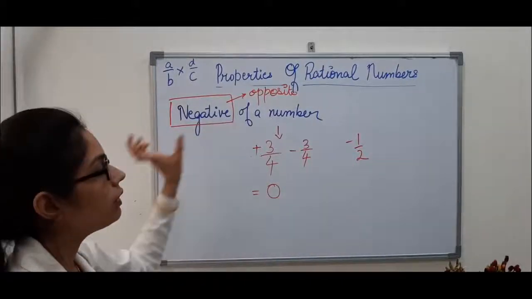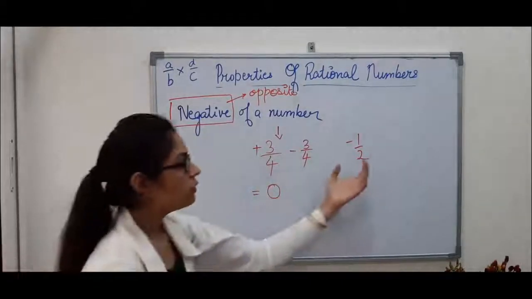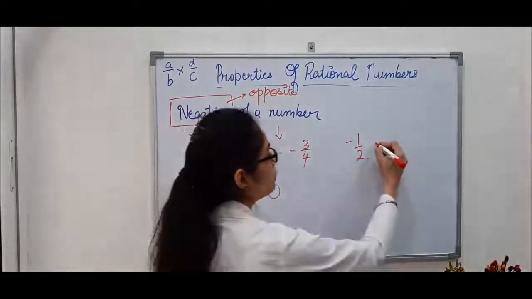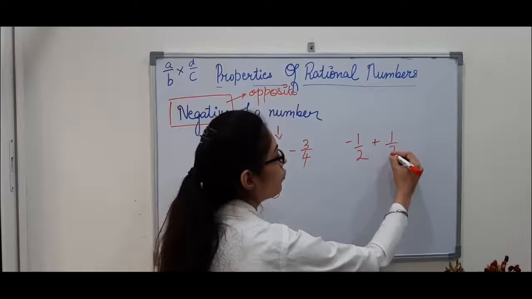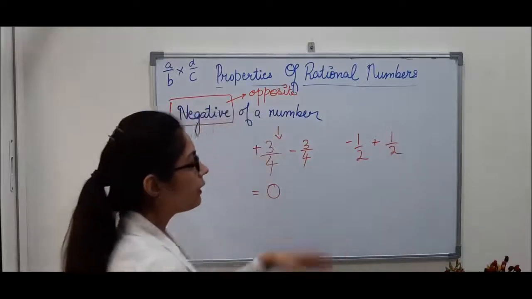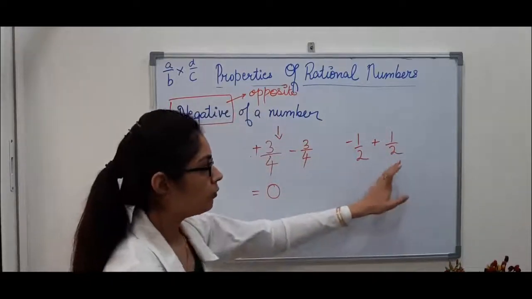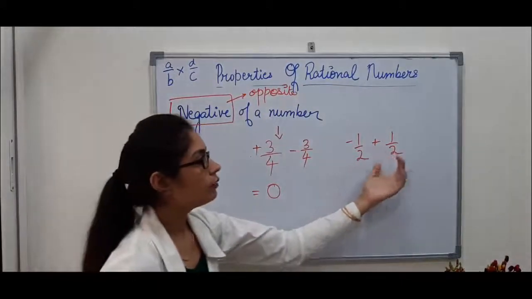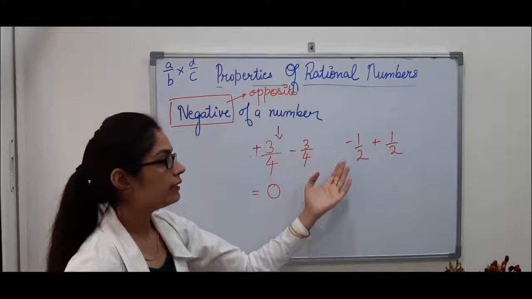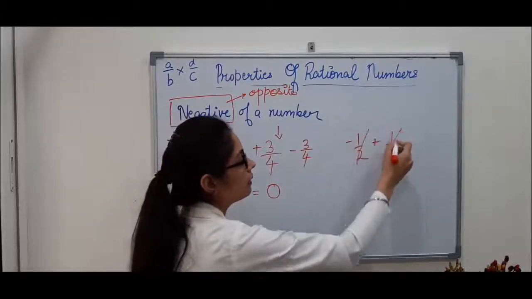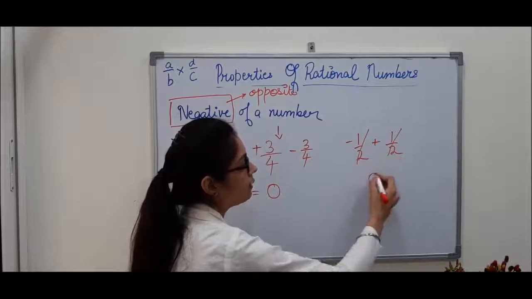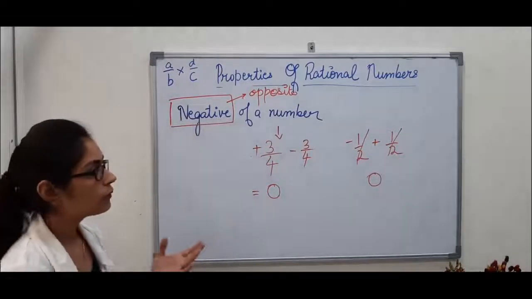The negative of a number in rational numbers means whichever number they have given you, you have to choose the same number with the opposite sign. So the negative of minus 1 by 2 will be plus 1 by 2. Again on adding these two numbers, opposite signs mean they will cancel one another. Minus 1 by 2 plus 1 by 2 will be equal to 0 again.